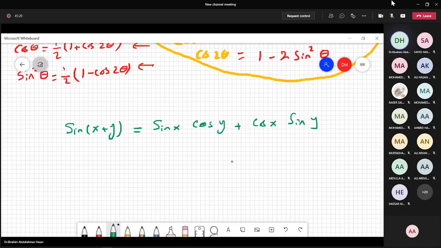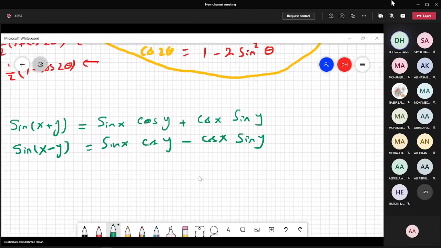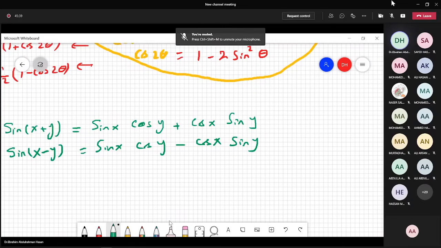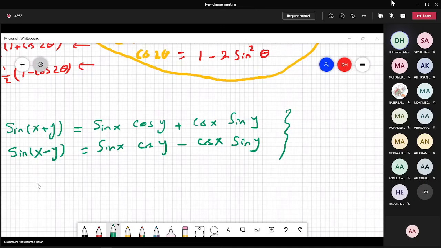Okay. Similarly, if you have sine x minus y, then it is equal to sine x cosine y minus cosine x sine y. Okay, if you add these two together, then this term cancels with this term. So here we have 2 sine cosine equal to the addition of these 2.